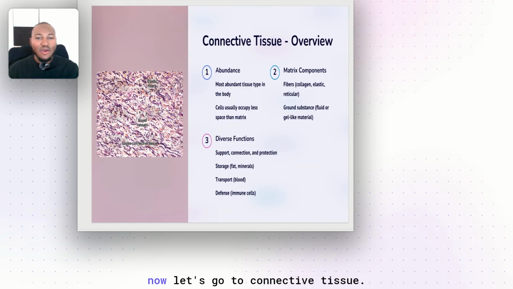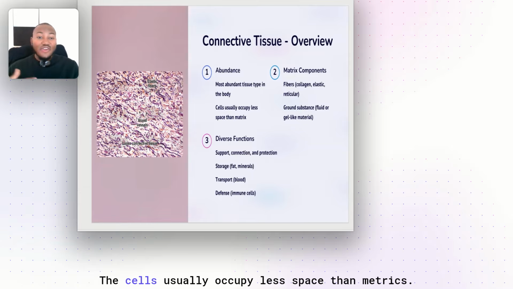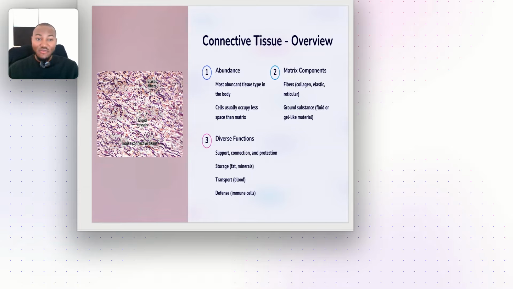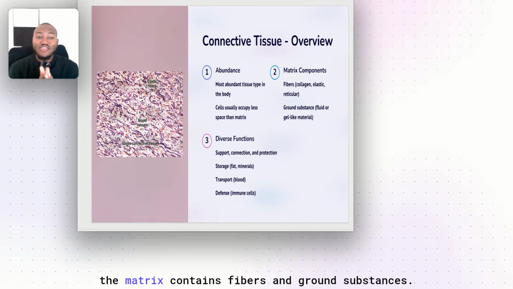All right? Now, let's go to connective tissue. Overview of the connective tissue. Connective tissue is the most abundant tissue in the body. If they ask you what is the most abundant tissue, connective tissue. The cells usually occupy less space than matrix, right? And they are not packed together. Epithelium, they are packed together. Connective tissue, they are not packed together. Now, the matrix contains fibers and ground substance.